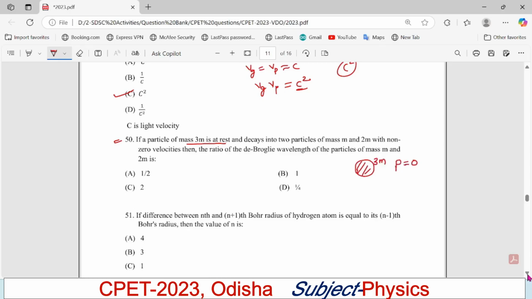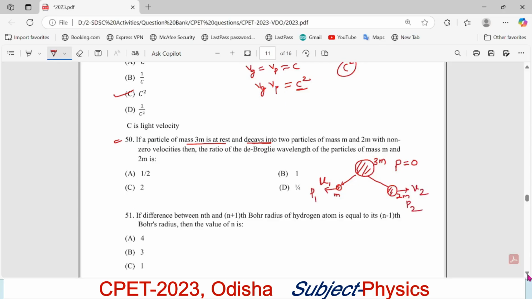Now it decays or breaks into two particles, one of mass m and another of mass 2m. One moves with velocity v1 and the other with velocity v2, so the corresponding momenta will be p1 and p2.